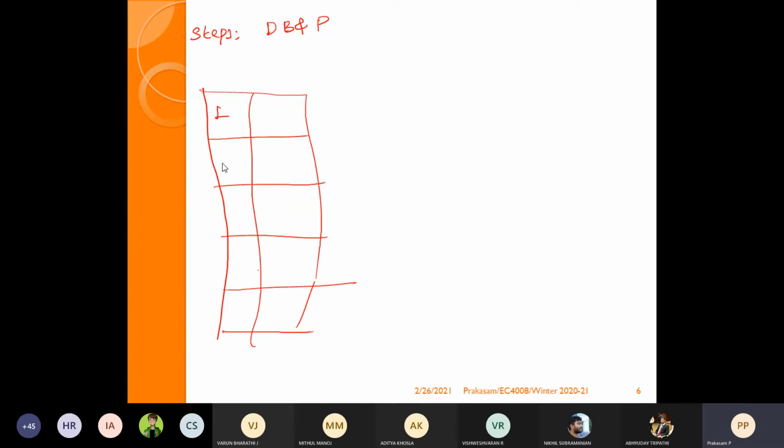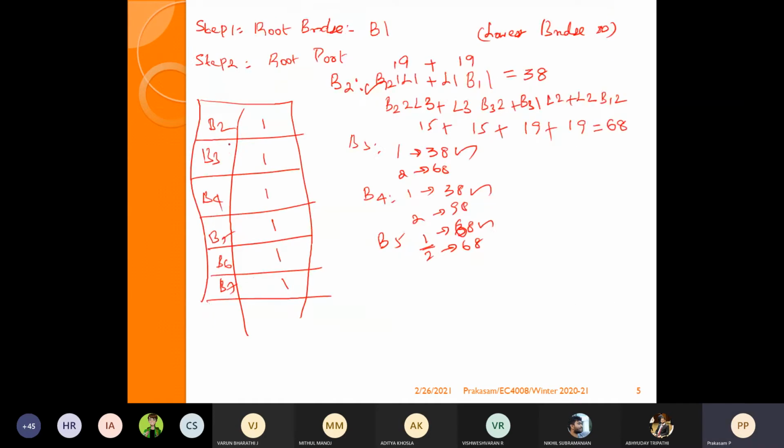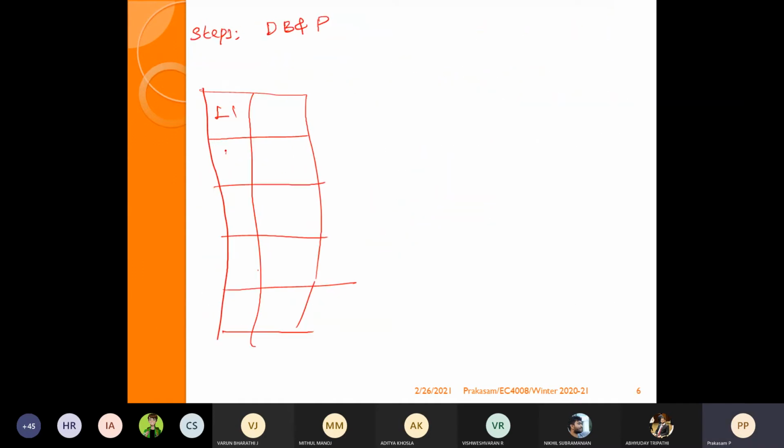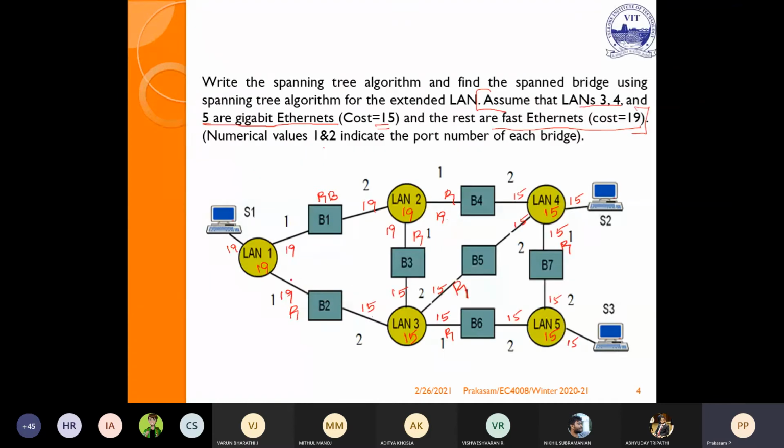So LAN 1, LAN 2, LAN 3, LAN 4, LAN 5. So first for LAN 1. The similar way, from the LAN to the designated bridge. This is LAN 1. I can go in this direction or I can go in this direction.